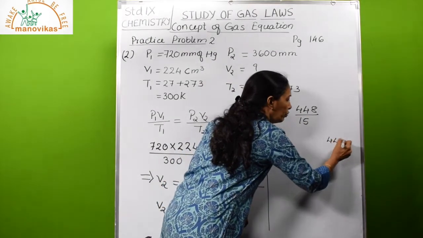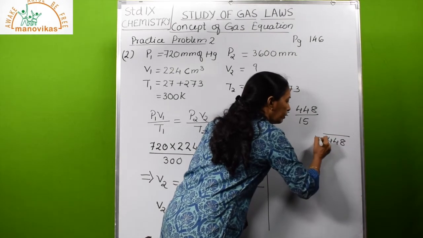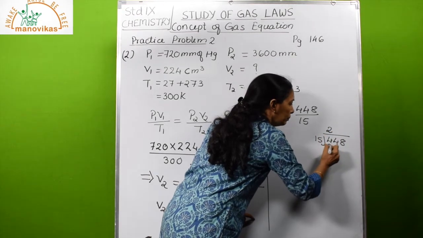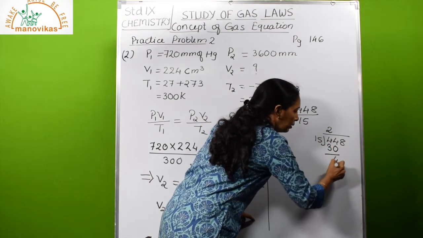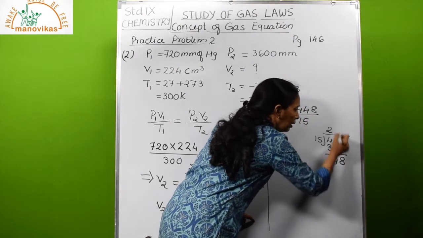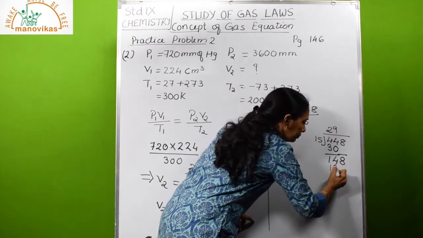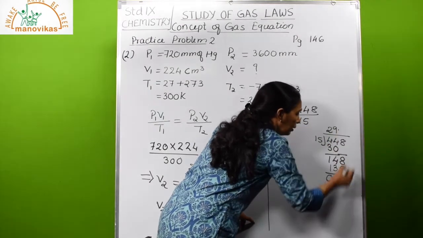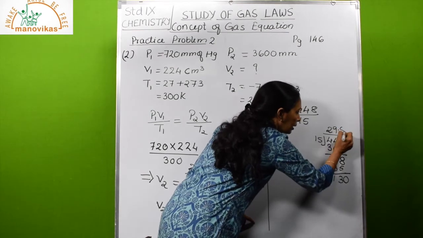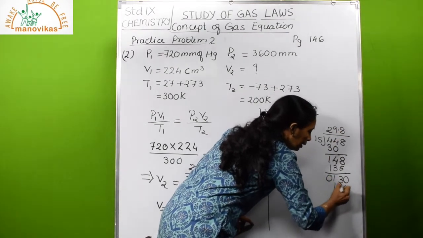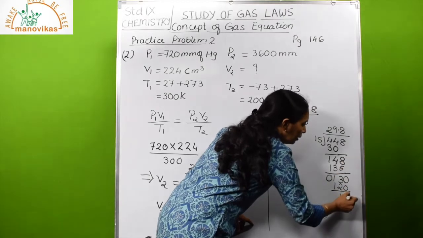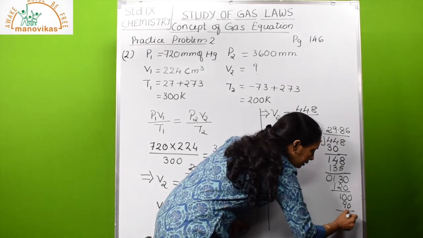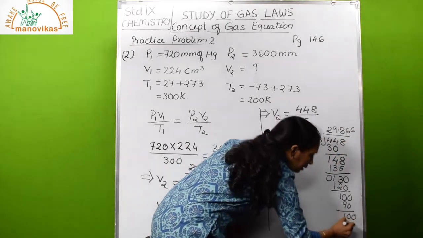Then divide this 448 with 15. Draw rough column and do. 15 twos are 30, 9s are 135, 8s are 120, then 6 are 90, then again 6 are 90.